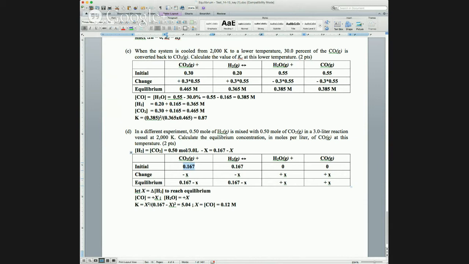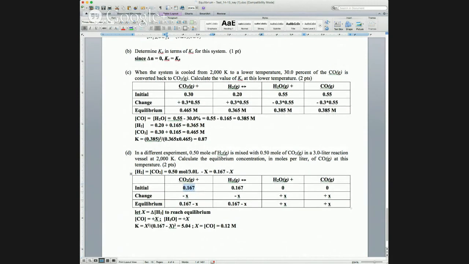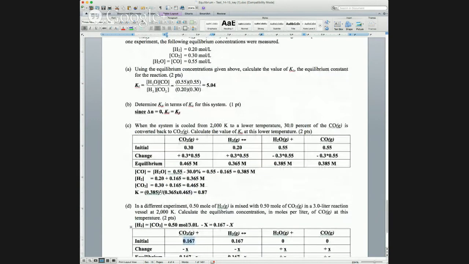Remember, the coefficients are all 1, so it's just minus X and minus X on the reactant side, plus X and plus X on the product side. So you end up with 0.167 minus X for your two reactants and plus X on your product side. If you remember, the K for this is not less than 1 times 10 to the negative 4th.